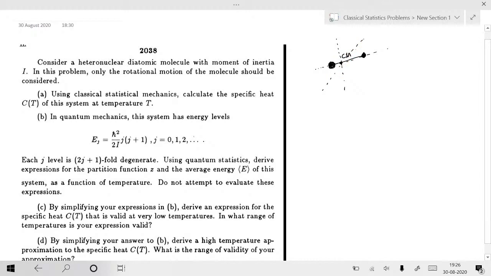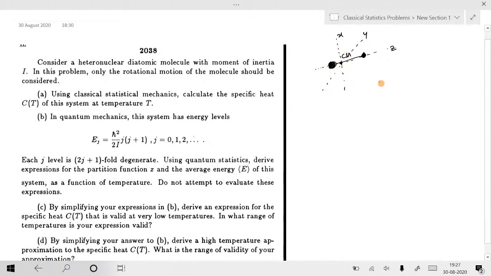I'll call these x, y, and this one the z axis. One of the axes I'm going to take through the internuclear points. Then if I take this z axis, there will be no kinetic energy. So the kinetic energy exists only through the other two axes.